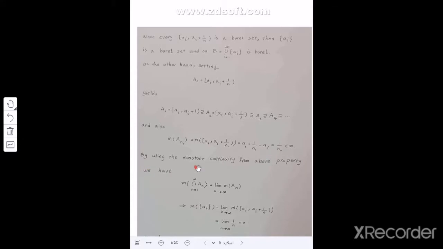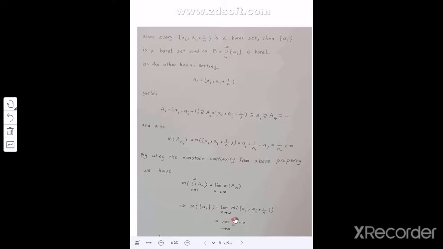So we can use the property of monotone continuity from above, because this condition holds. Then M of the intersection of A_n is equal to the limit of M of A_n. By the previous slide, this intersection is equal to this set, and I write this interval instead of A_n.